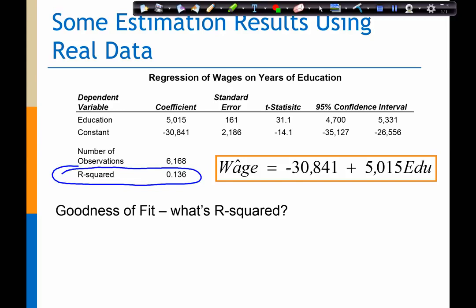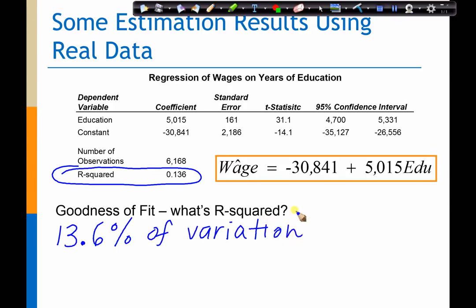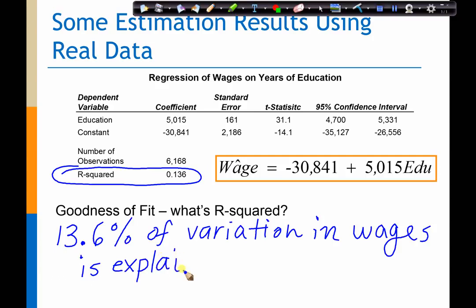So if I asked you to interpret an R-squared, you would simply say that 13.6% of the variation in wages is explained by years of education.